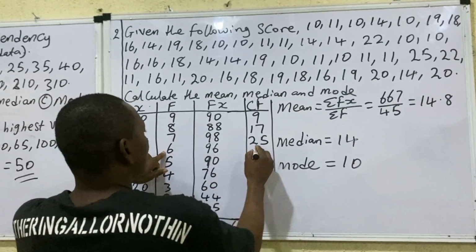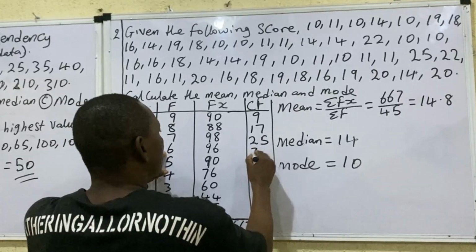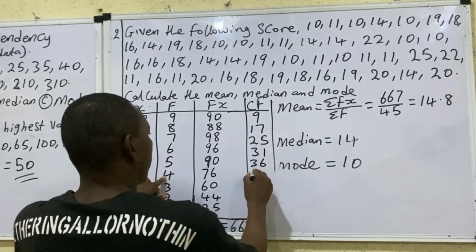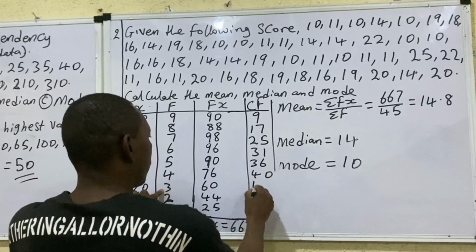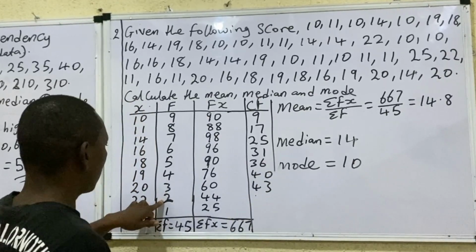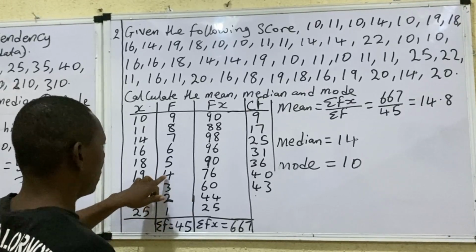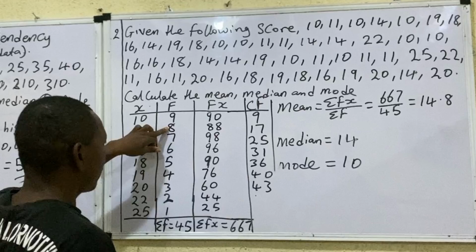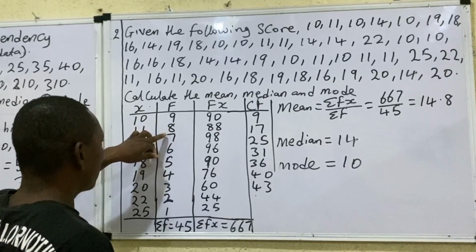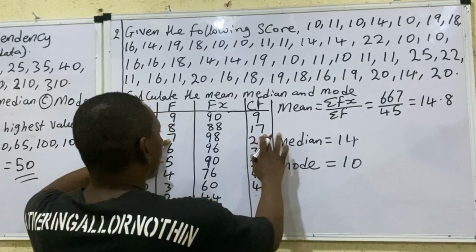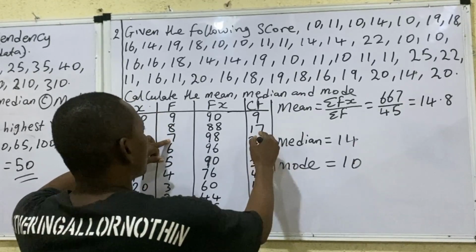Then this plus this is actually 31, 36, 40, 43. I think something is wrong. 40. Here, this plus this is actually 17. 17 plus this. I think here is where we got it wrong. 17 plus this is 24.